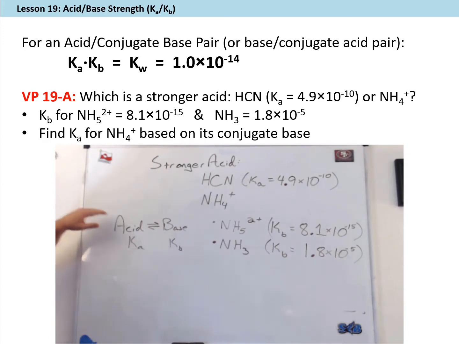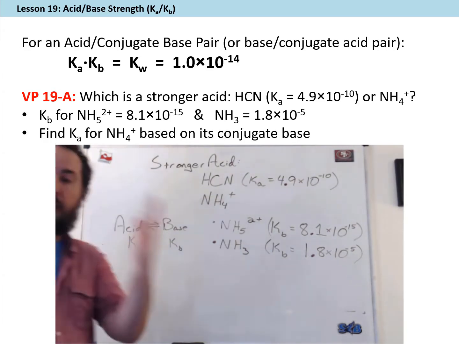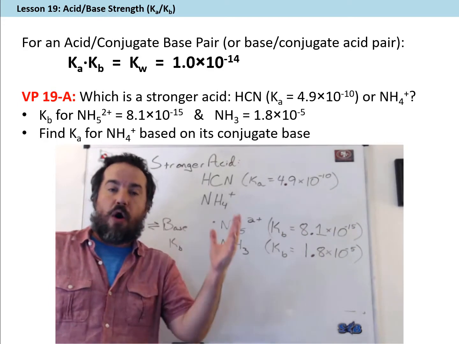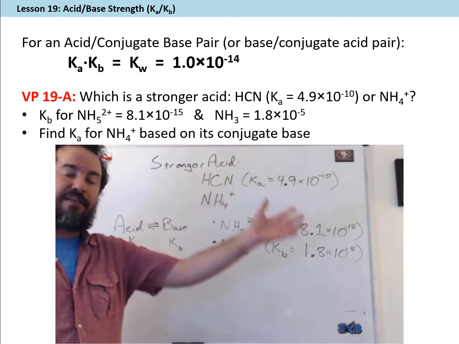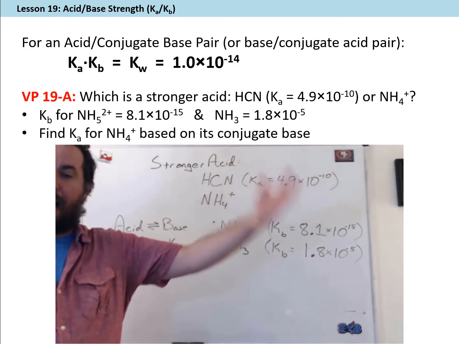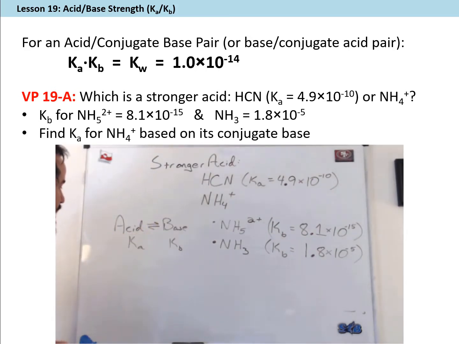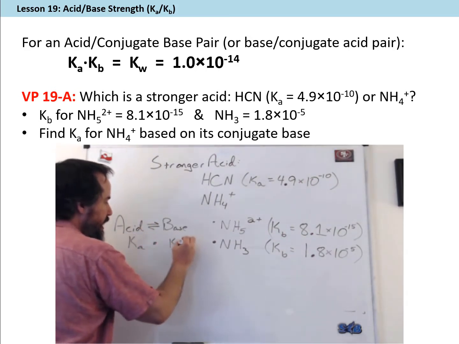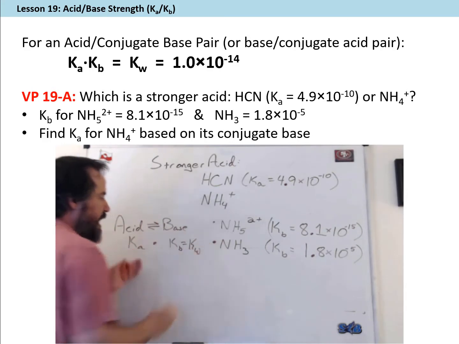So let's remember, acids go to base. We have a Ka and Kb. As long as these two are related, they're a conjugate acid and base, either an acid and its conjugate base or a base and its conjugate acid, then Ka and Kb are related by Kw.